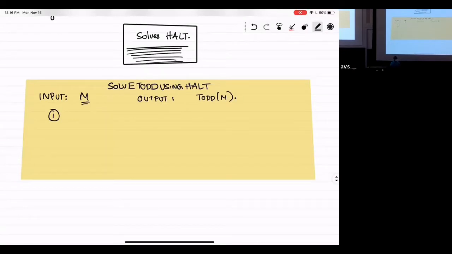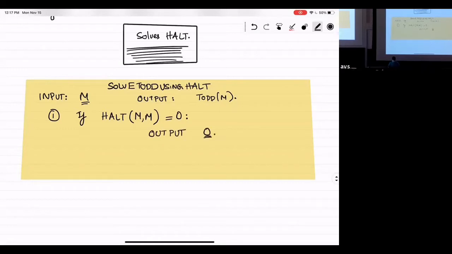Yeah? Say if it doesn't halt, then it just returns. Right. So let me say, I'm going to check whether the machine M halts when given M as input. If it doesn't halt, then I already know the answer to Todd. What should I output then?